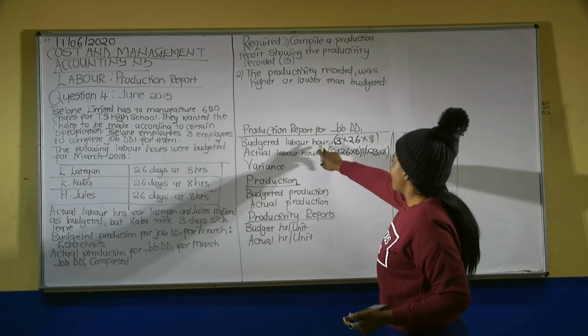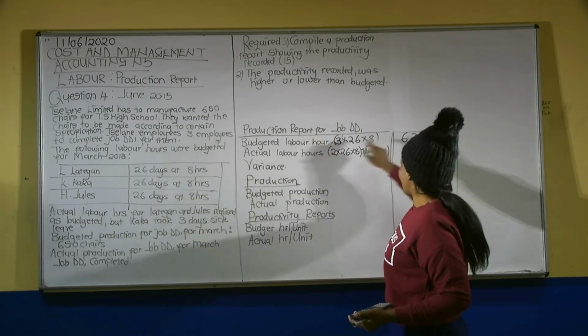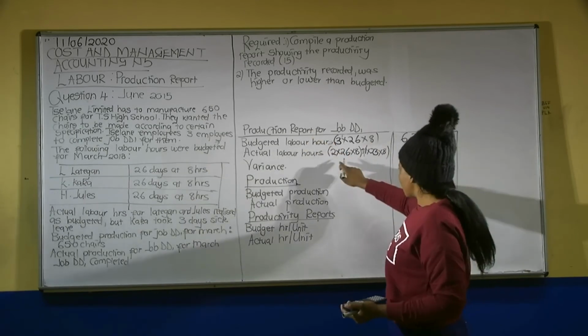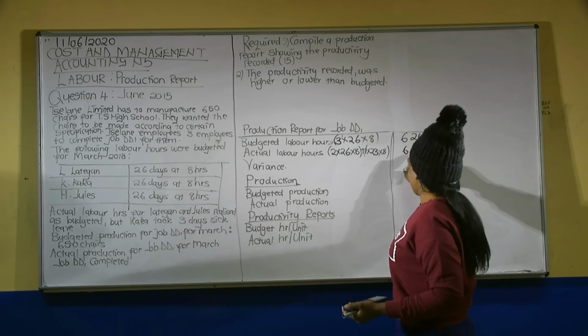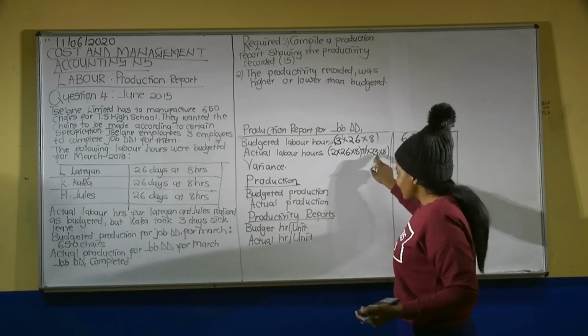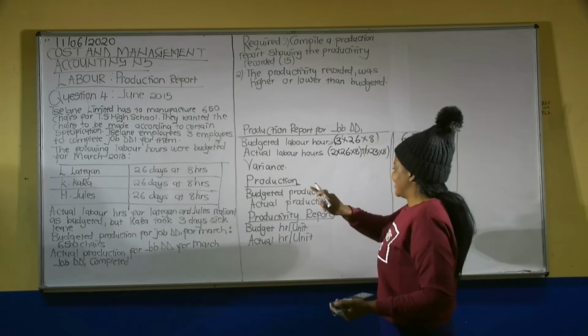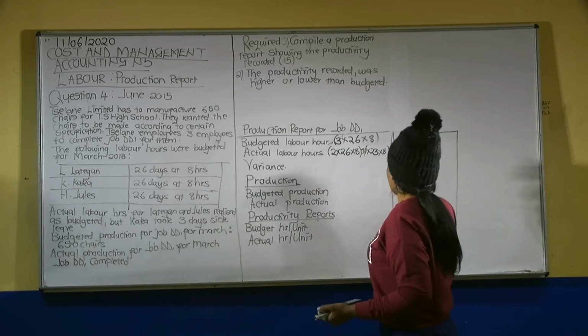The company, Selane Limited, budgeted that 3 employees work for 624 hours, but in actual fact they worked 600 hours, because Kaka took 3 days sick leave.